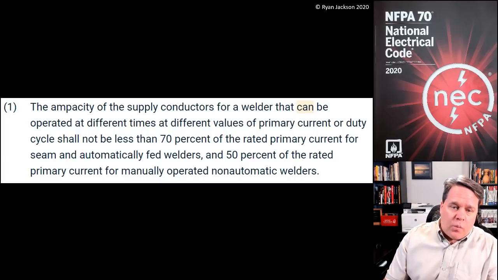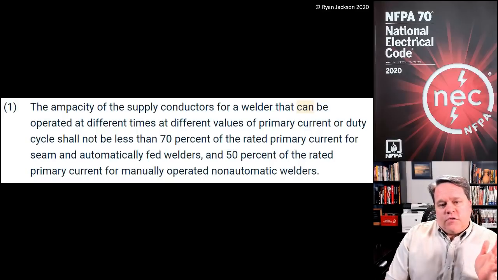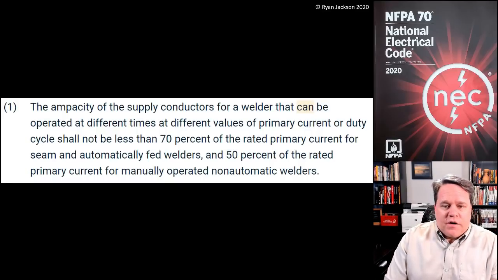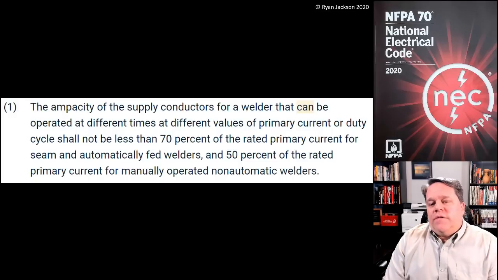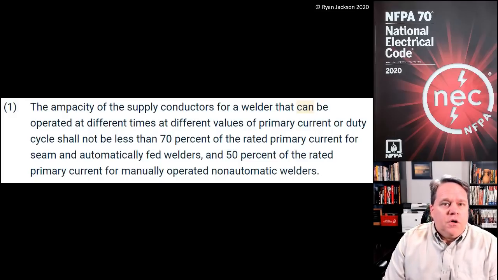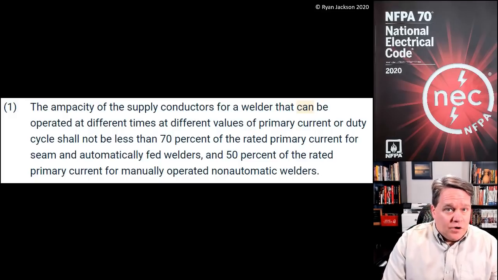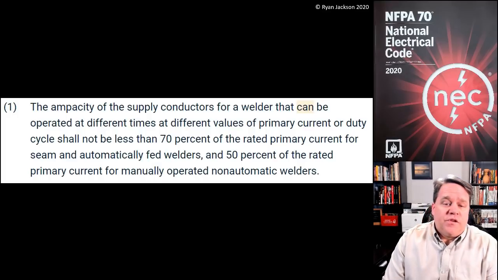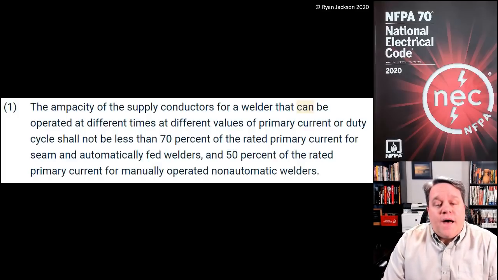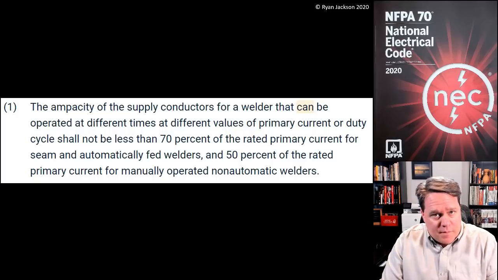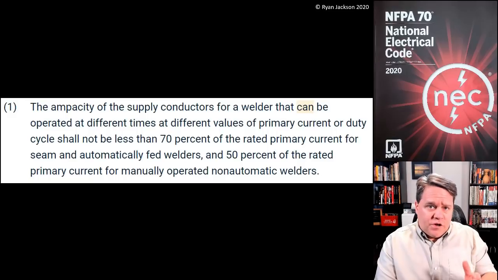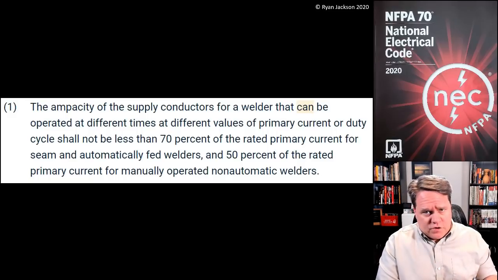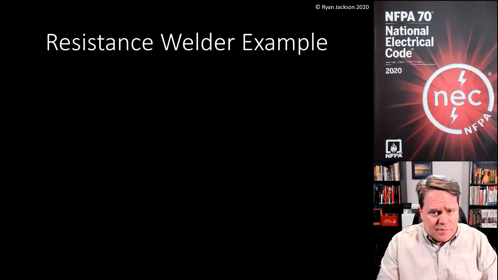So item 1 says for resistance welders, the ampacity of the supply conductors that can be operated at different values of primary current or duty cycle must not be less than 75% of the rated primary current for seam or automatically fed welders, and 50% of the rated primary current for manually operated non-automatic welders. So it depends on whether this is an automated procedure and whether or not it's used at different duty factors. Let's go ahead and do an example.